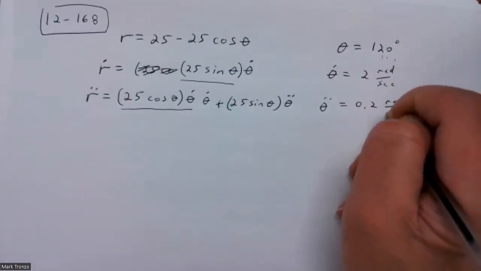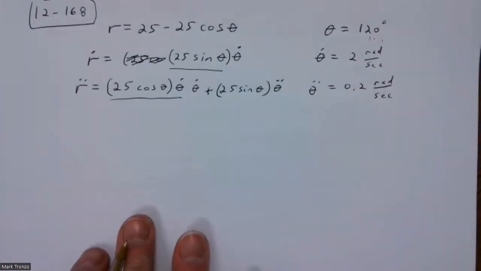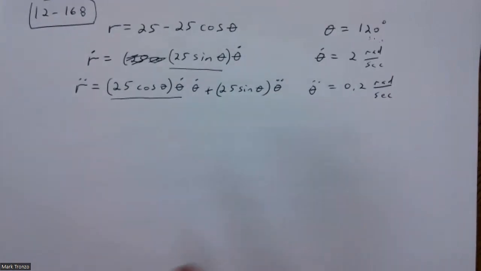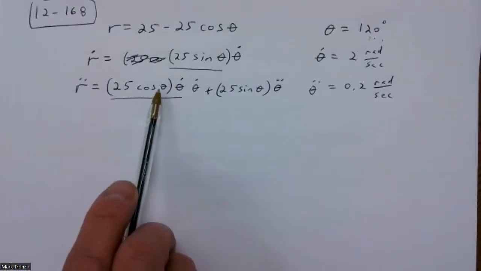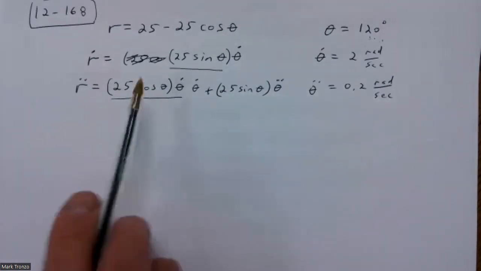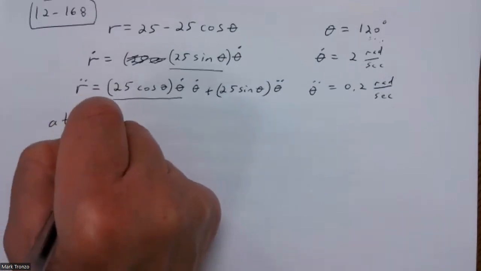So for that, we're actually given the velocity and acceleration. We don't have to do any derivatives there. There are a lot of different ways you can handle these. In this case, I'm going to evaluate each one of these at 120 degrees.